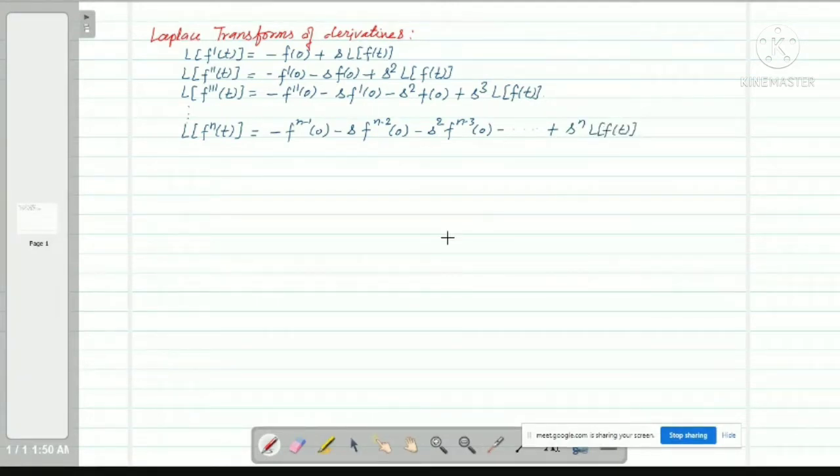So these are the formulae to find the Laplace transform of a derivative of the function.